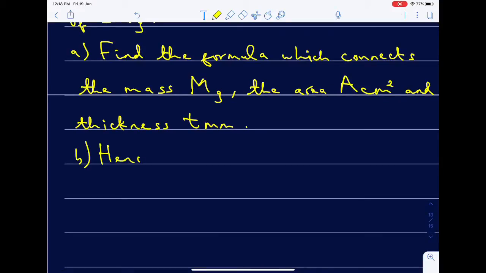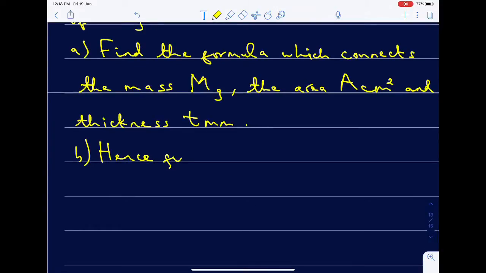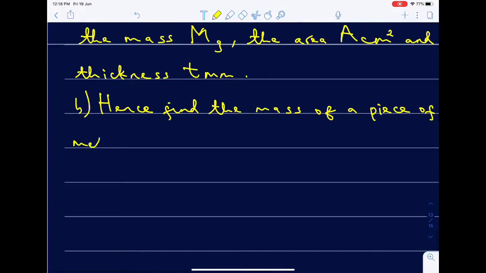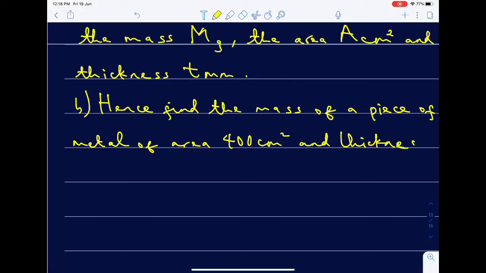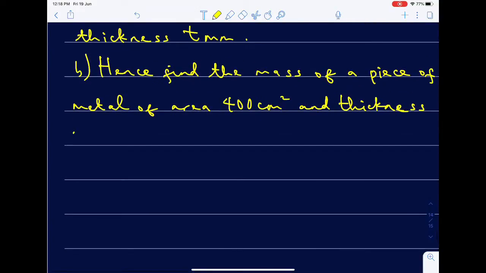B, hence, find the mass of a piece of metal of area 400 centimeters squared and thickness 3 millimeters.